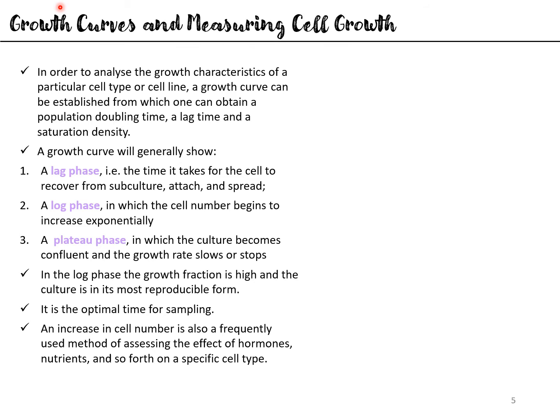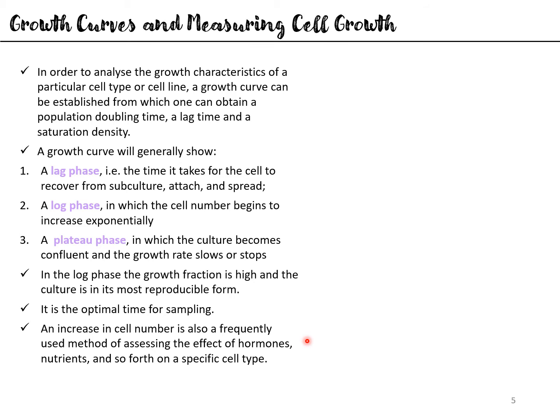If you want to study the contribution of the different constituents of the medium on cell growth, then you would need to have the growth curves, because the growth curve will be representing how well your cells are growing and what the characteristics of the cell line are, like its doubling time and lag time and so forth. Now if you have a growth curve at hand, you can change the amount of the different components you're adding, or you can use different types of, well, let me rephrase.